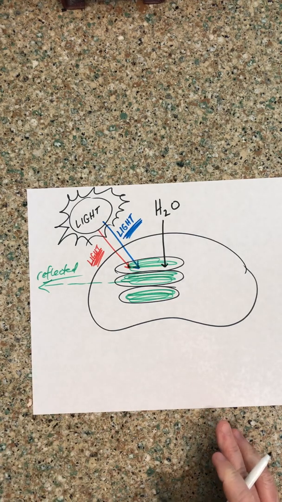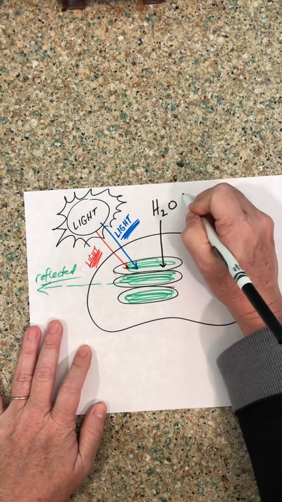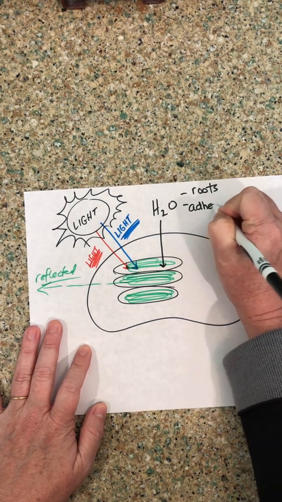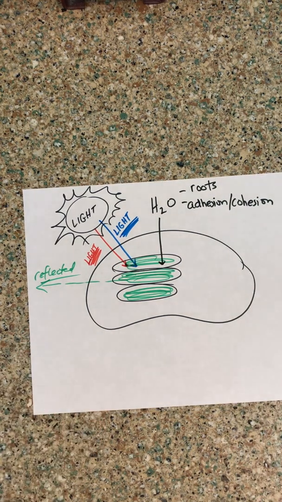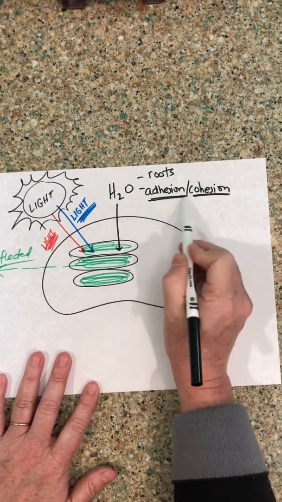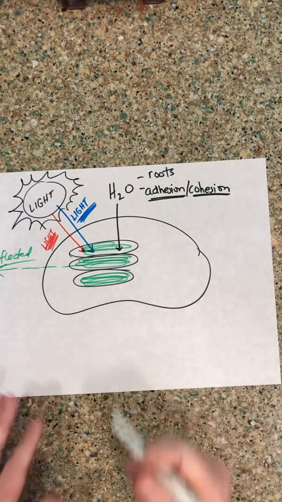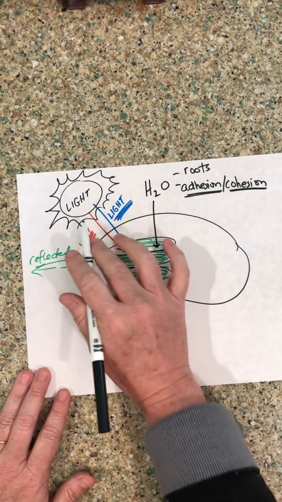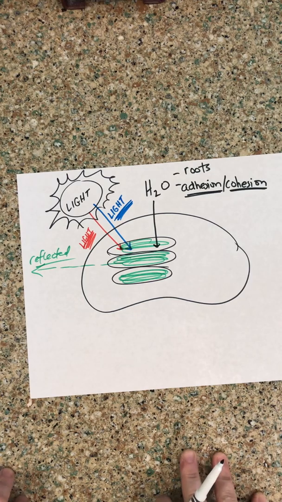That water is going to come up from the roots, up against gravity, using adhesion and cohesion, the adhesive and cohesive properties. Water molecules stick to each other, they stick to the side of the tubes, they climb up against the plant, and they climb into the leaf. If you don't water your plant, but you give it plenty of light, nothing's going to happen. So every piece of the puzzle is super important.